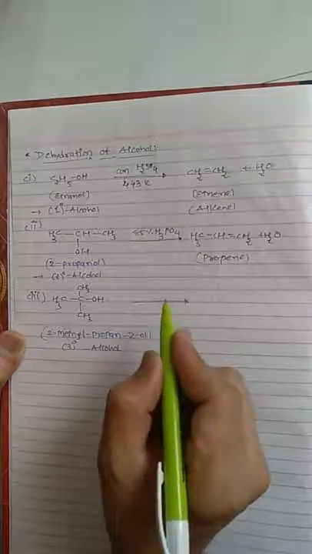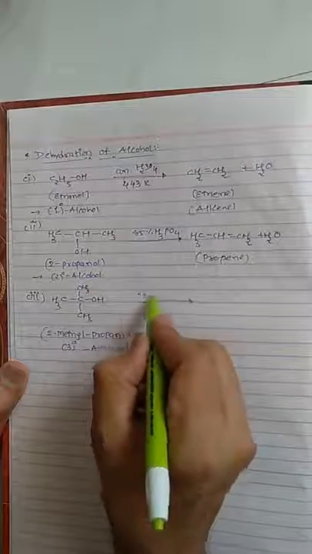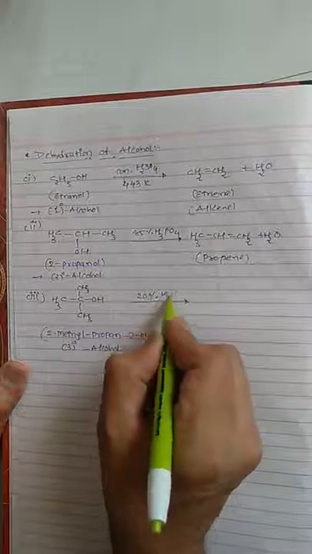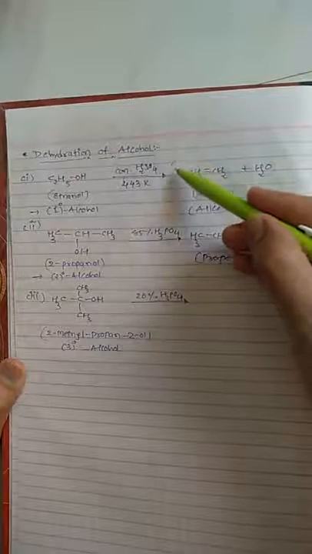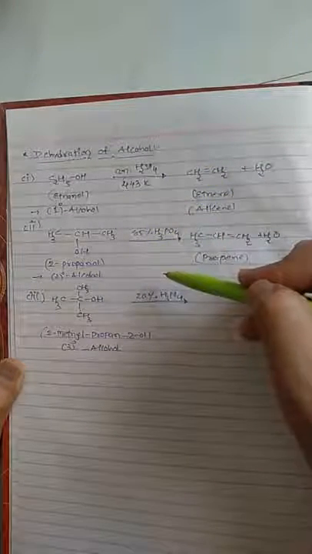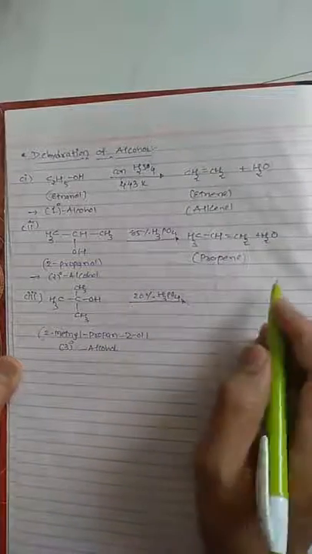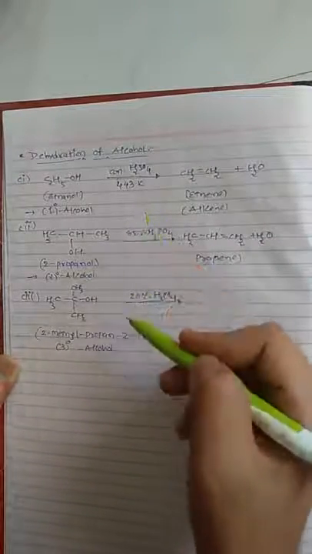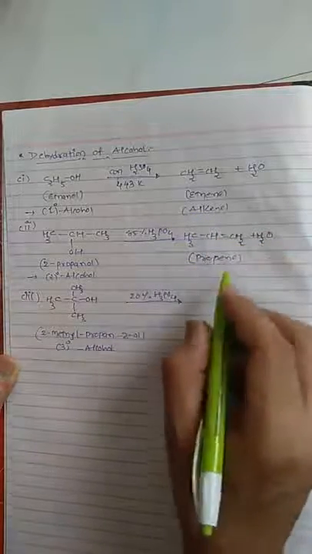When it reacts with a milder acid compared to the earlier ones, I will write 20% H3PO4. Look at the reaction conditions: a stronger acid is required for primary, a slightly weaker acid for secondary, and a weaker acid for tertiary, because the number of branches increases as we move from primary to secondary to tertiary.